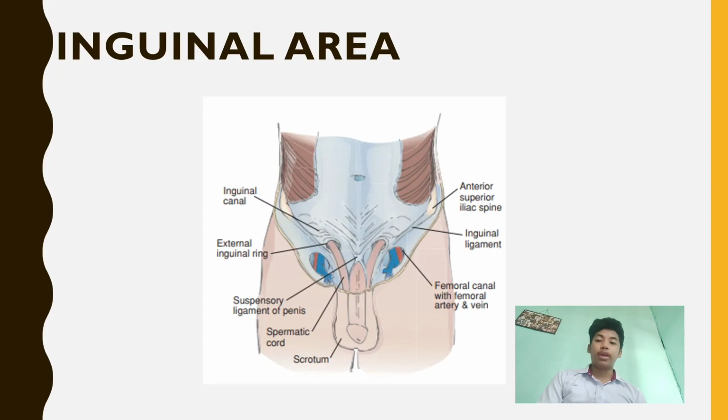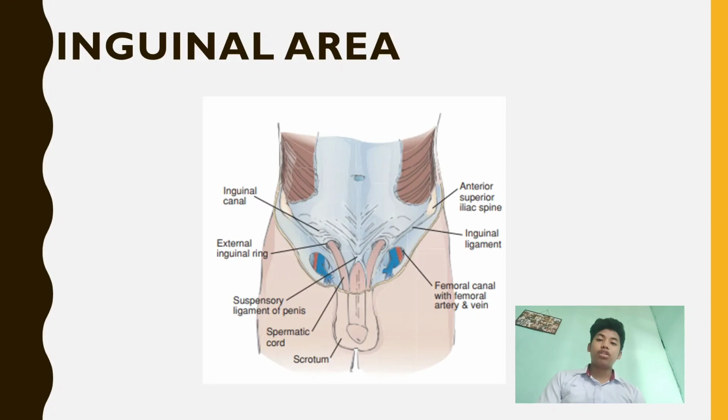The internal inguinal ring is the internal opening of the inguinal canal. It is located 1 to 2 centimeters above the midpoint of the inguinal ligament and cannot be palpated. The femoral canal is another potential spot for a hernia. The femoral canal is located posterior to the inguinal canal and medial to and running parallel with the femoral artery and vein.